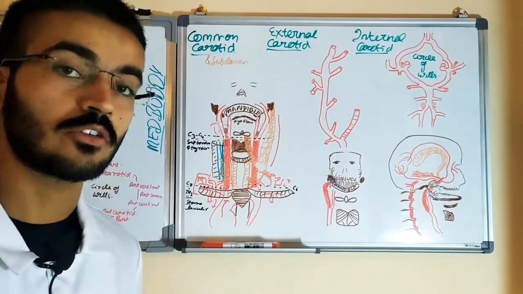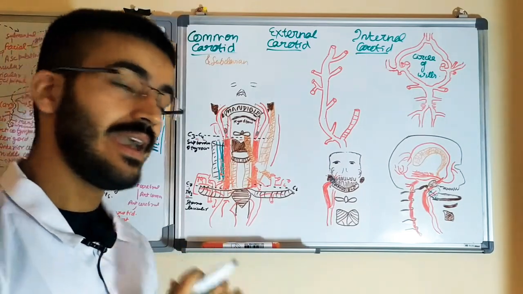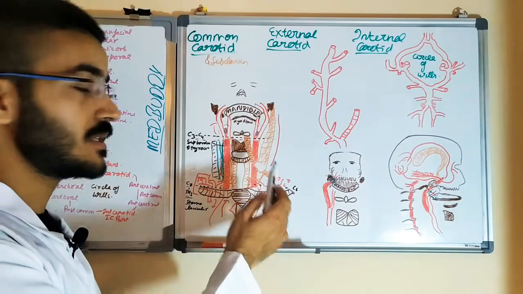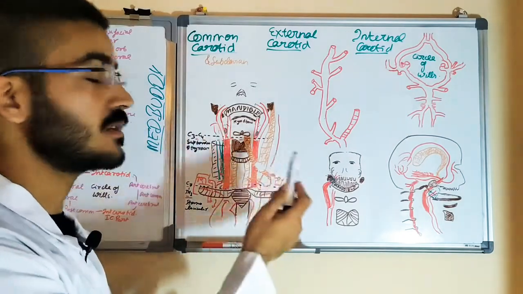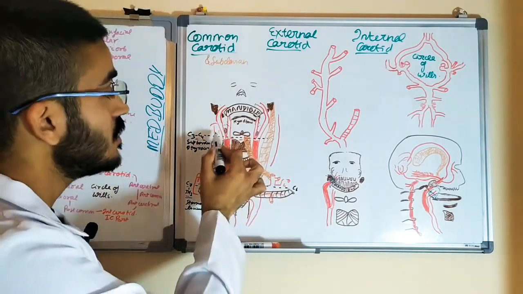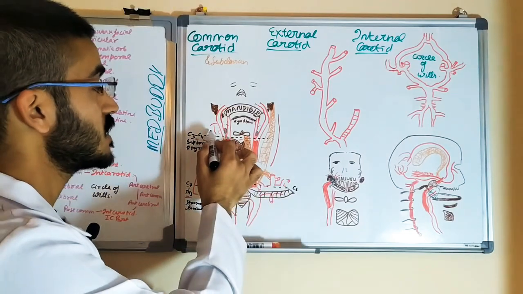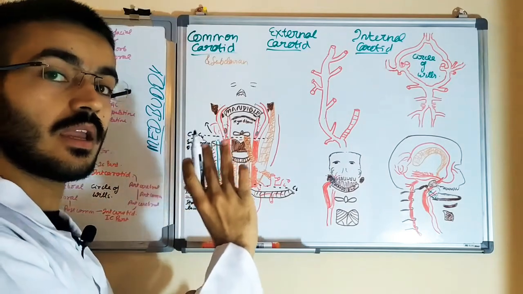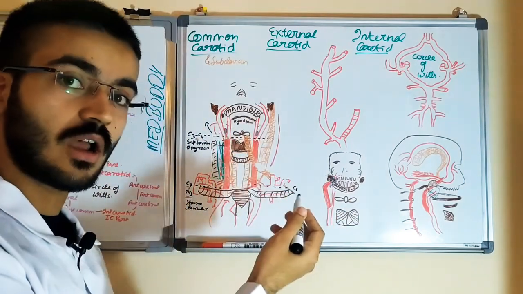External carotid artery. As the common carotid artery bifurcates into two arteries, the external carotid and the internal carotid, the external carotid artery starts moving more laterally and superficially compared to the internal carotid artery.